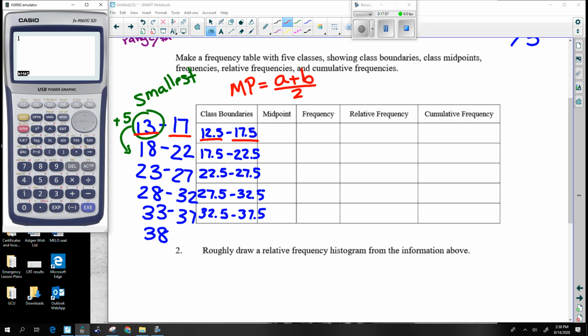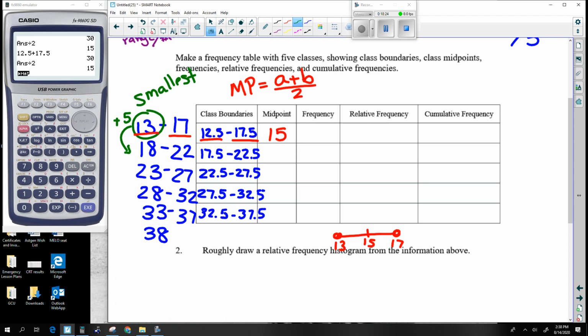So the very first category is 13 and 17. I add them up and divide by 2. The midpoint will be 15. Again, that will work with 12.5 and 17.5. The middle would be 15. If this begins at 13 and 17, what's the middle of 13 and 17? 15.